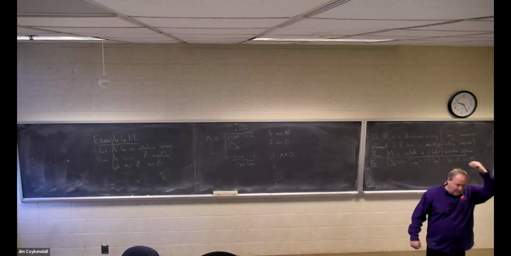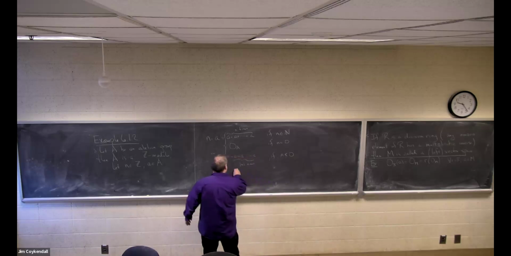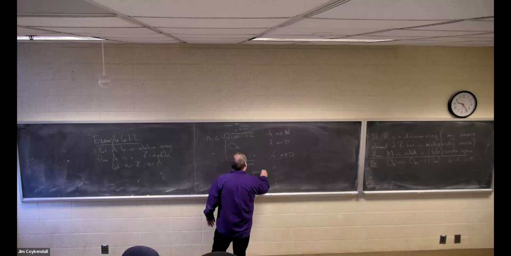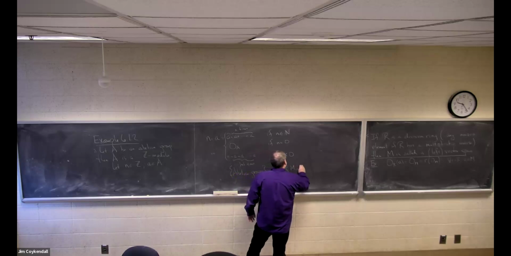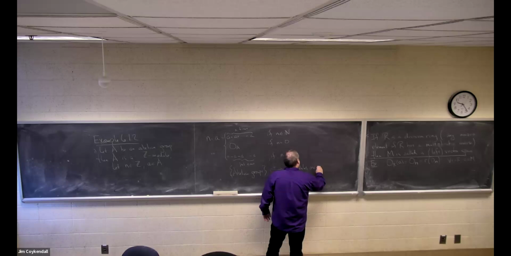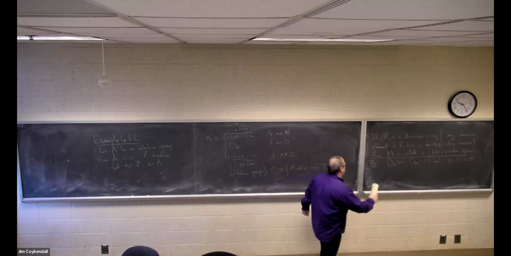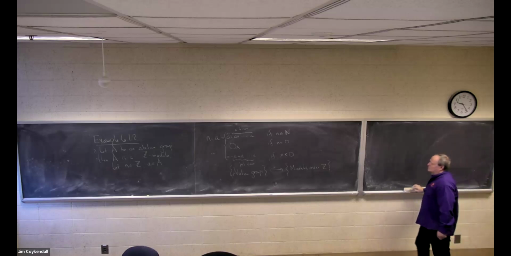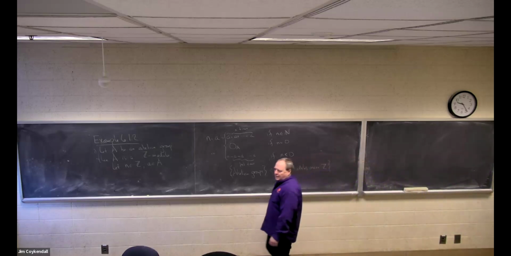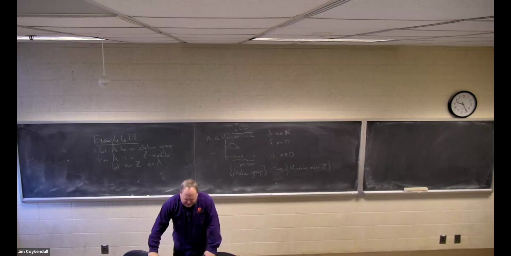This is true for any abelian group, so any abelian group is a Z-module. So any module over Z is an abelian group, and conversely.